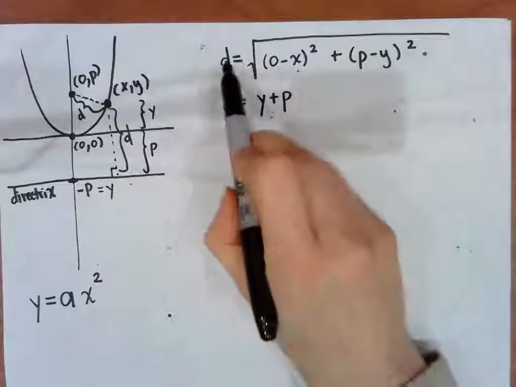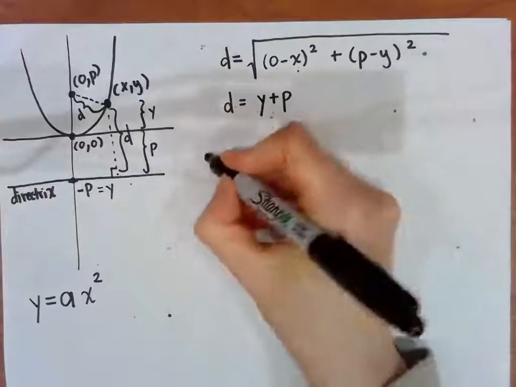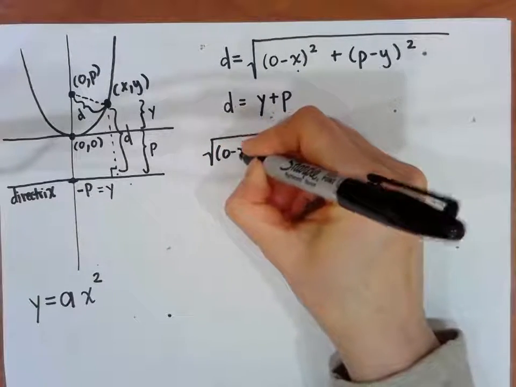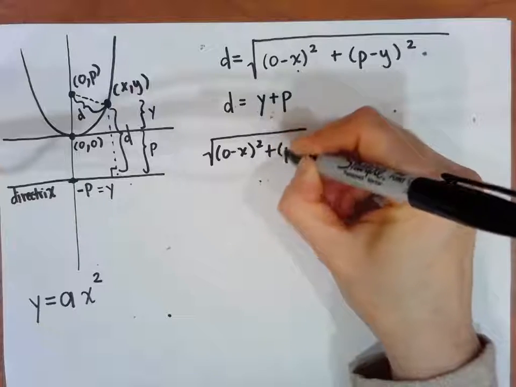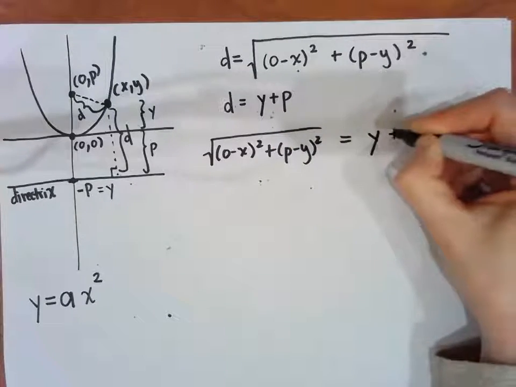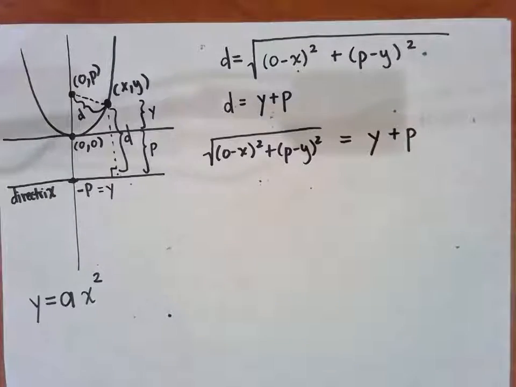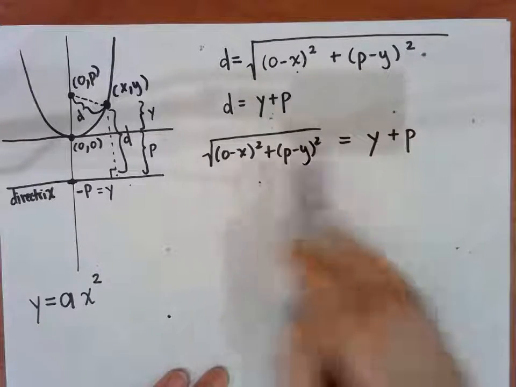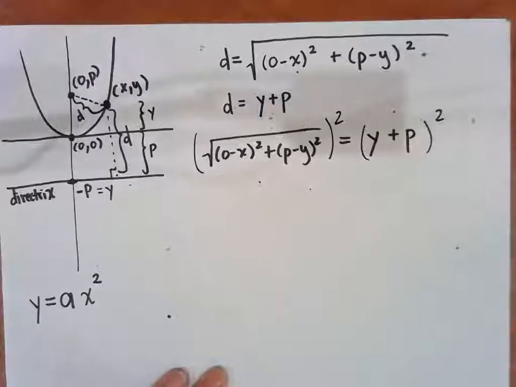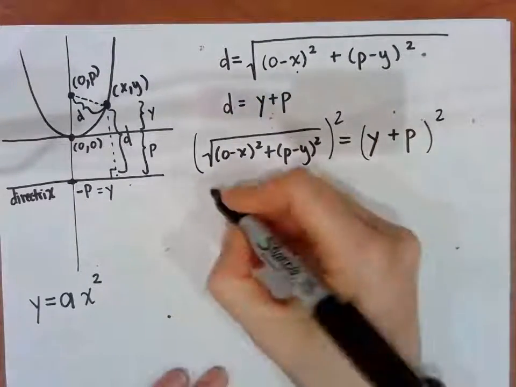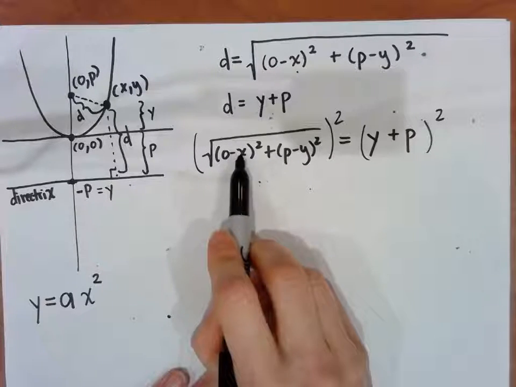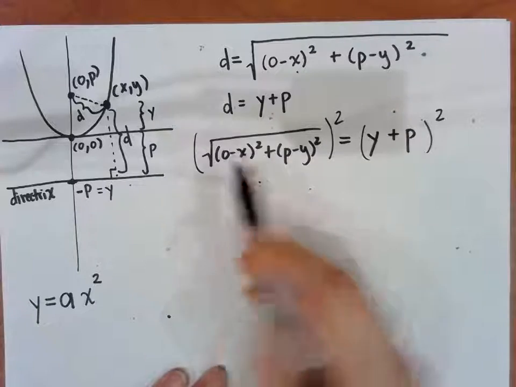Okay. Now because these are the same, we can just set them equal to each other. So the square root of (0 minus x) squared plus (p minus y) squared has to be the same as y plus p. Okay, so let's go ahead and square both sides. When we square this side, 0 minus x is negative x, and when we square negative x, we get just x squared.